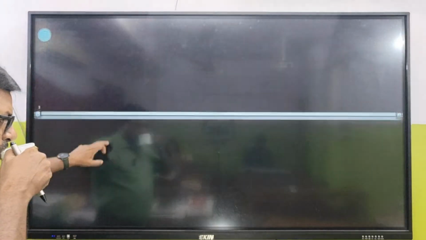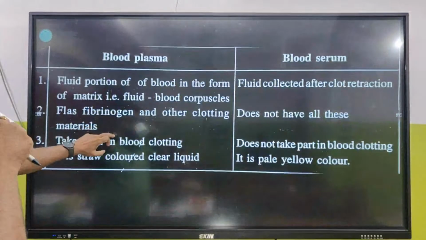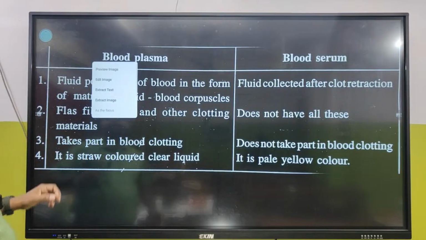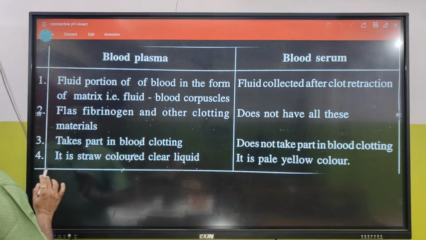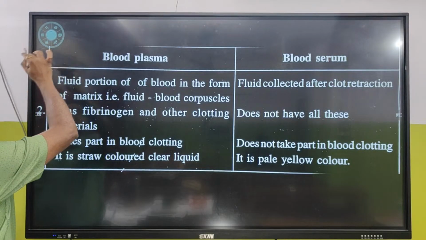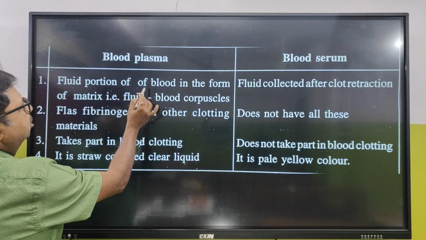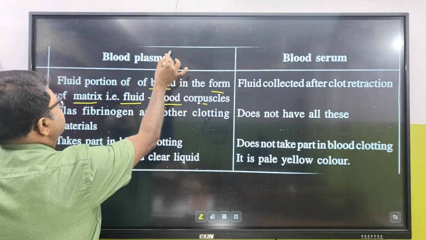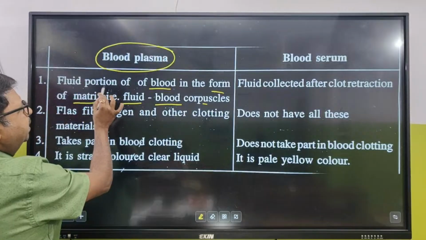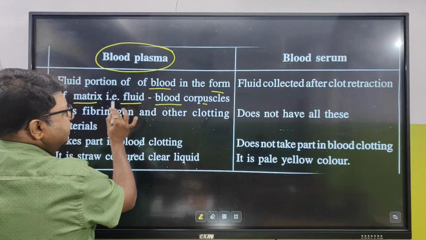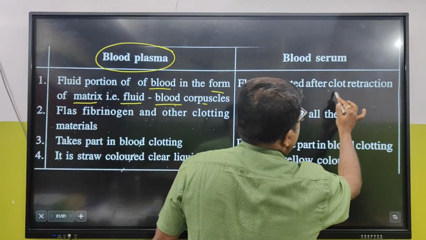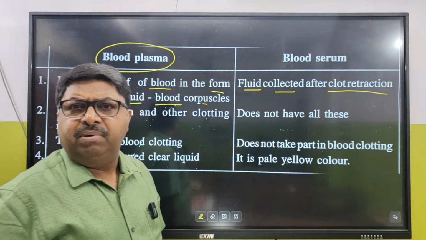Fine. So, blood plasma and blood serum. Plasma is the fluid portion of blood in the form of matrix, that is fluid blood corpuscles. In blood serum, it is the fluid collected after clot retraction. What is blood serum?